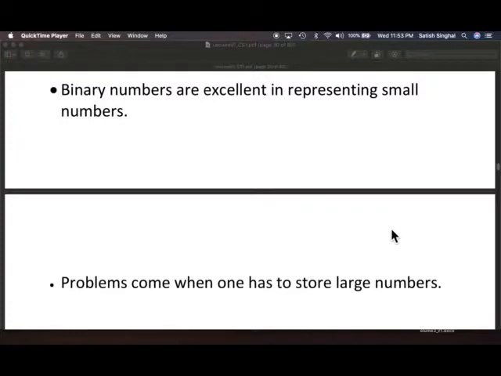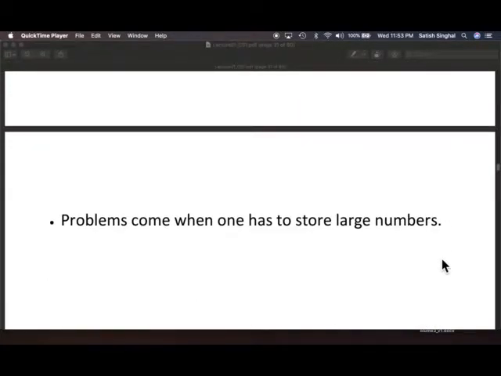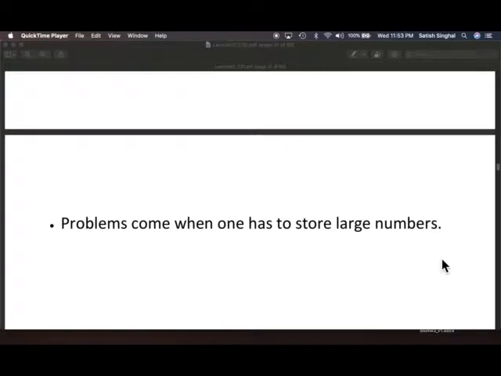The problem comes when one has to store or work with large numbers. Storage means storing in the computer, of course. When you have to store a large number in the computer, there is a problem in using binary numbers.